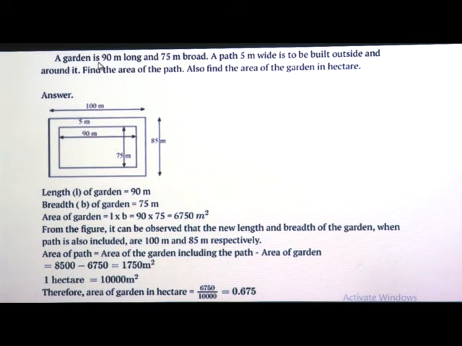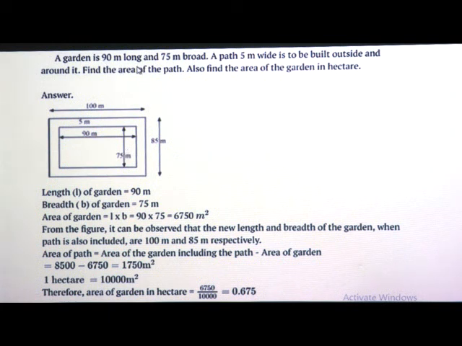A garden is 90 meter long and 75 meter broad. You can see 90 meter long and 75 meter width, that is nothing but broad. So, here you can say that when length and breadth are different measures, it is rectangular in shape.